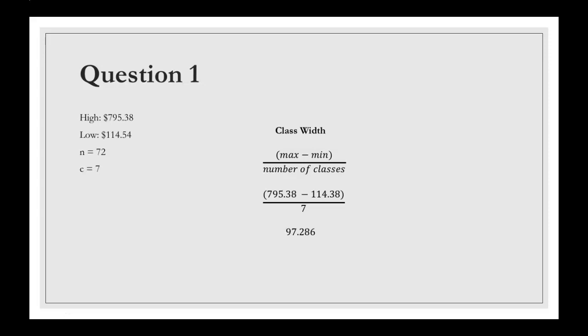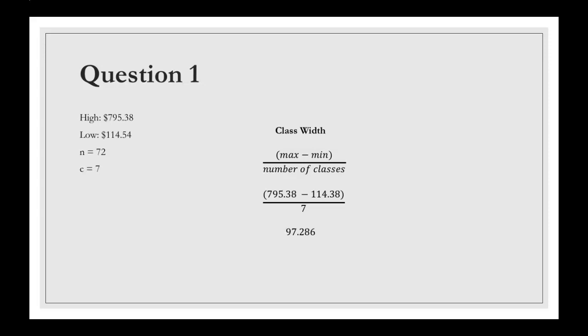So if we do this, we get a class width of 97.286. Now, there's a few problems here, right? It's not a pretty number at all. There's decimals. 97 by itself isn't even a pretty number, right? So we need to make this a pretty number. And to be thinking about pretty numbers, we can be thinking of like coins, right?